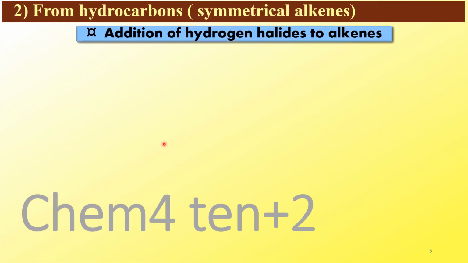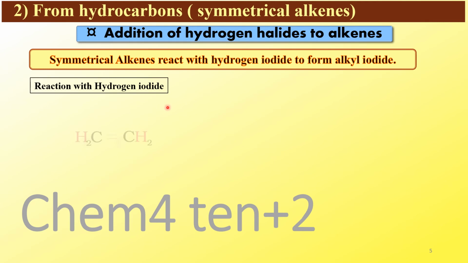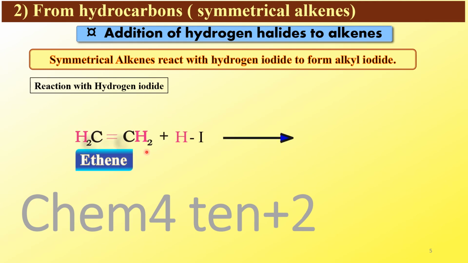Let's talk about the next reaction in which the hydrogen halide used is hydrogen iodide. So symmetrical alkenes react with hydrogen iodide to form alkyl iodide. Let's begin with the reaction. Here we find CH2 double bond CH2, that is symmetrical alkene.